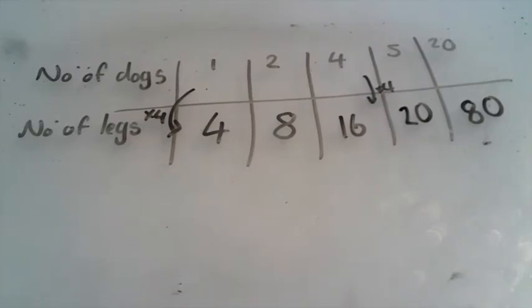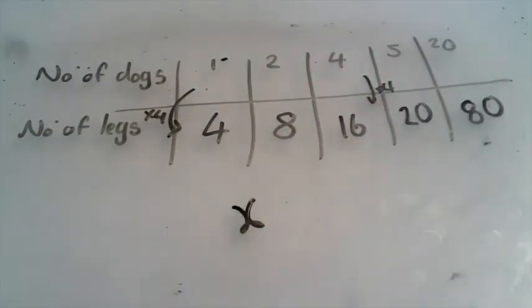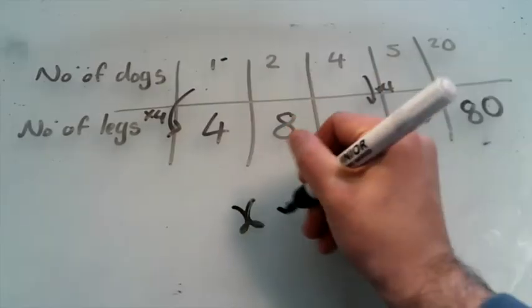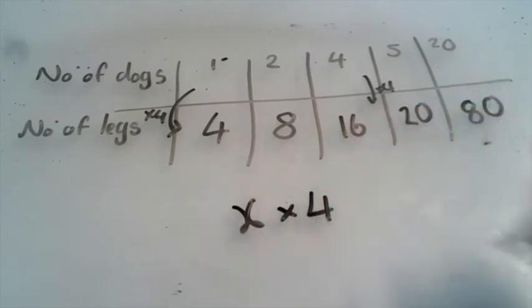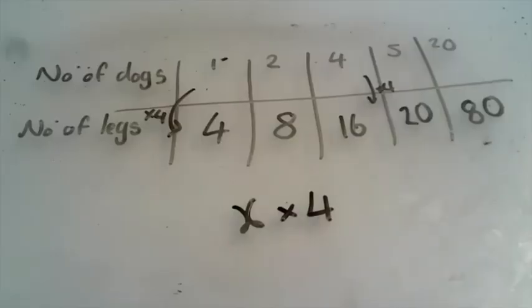Now we can write this as an equation, because this number could change. It could be whatever. That is our input. We could write that as x, because that could be any number from 1 to 1,000,000 dogs. We are timesing that number by 4, because for everyone to get our output, we're timesing it by 4.